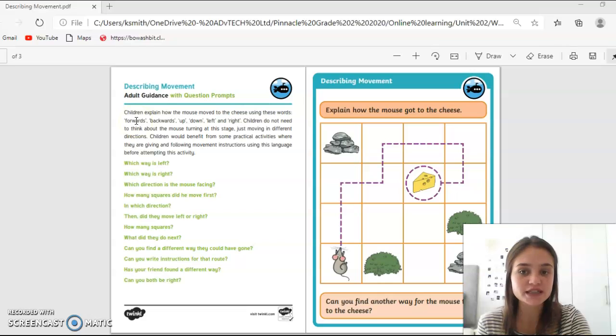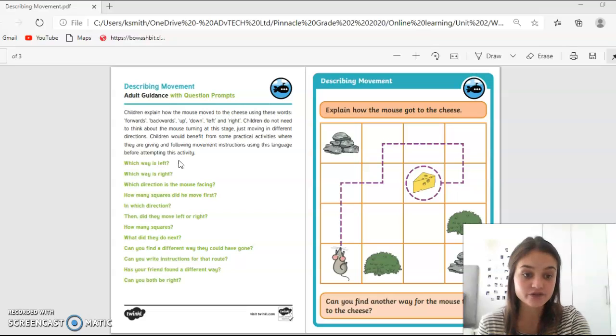It says, children explain how the mouse moved to the cheese using these words: forwards, backwards, up, down, left, and right. And we've just gone over all of that. Children do not need to think about the mouse turning, just moving in different directions. Children would benefit from practical activities where they are giving and following movement instruction using this language before attempting.